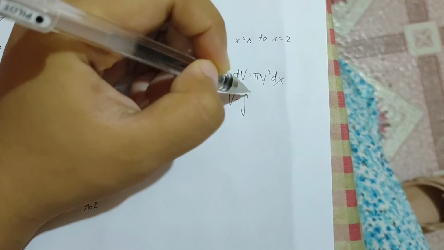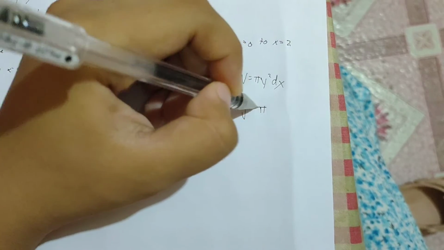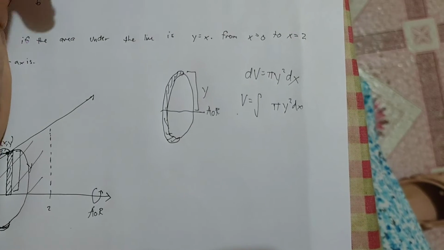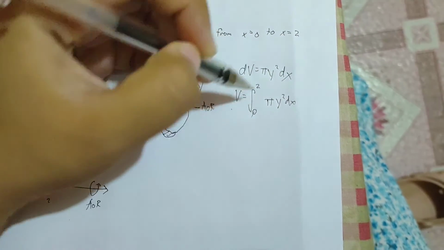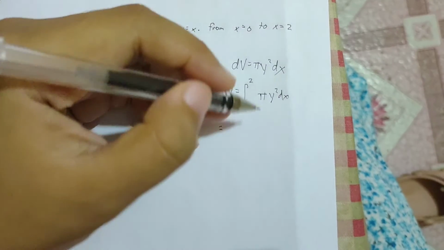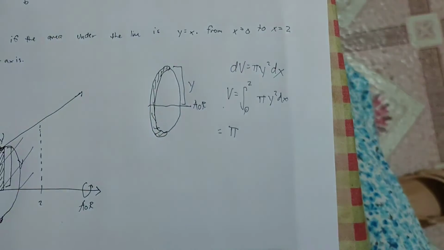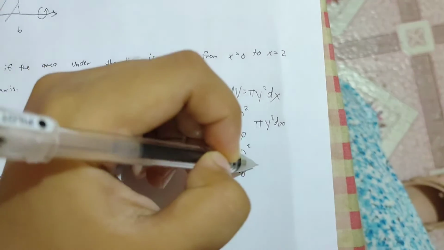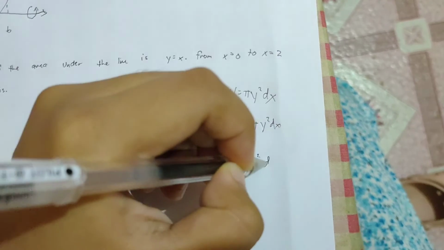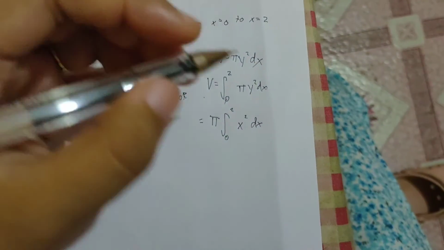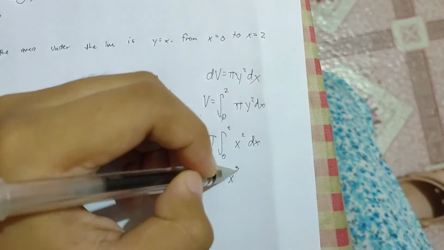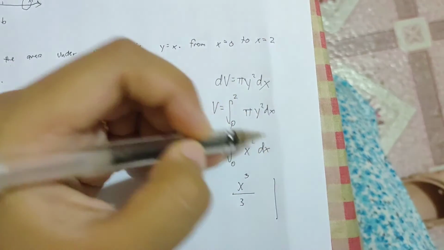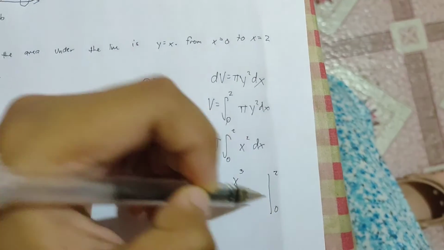V equals the integral of pi y squared dx, with limits from 2 to 0. Let's put the pi outside since pi is our constant. The limits from 2 to 0, x squared dx. Let's integrate the x. x cubed over 3, limits from 2 to 0.